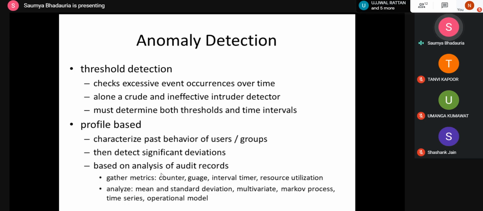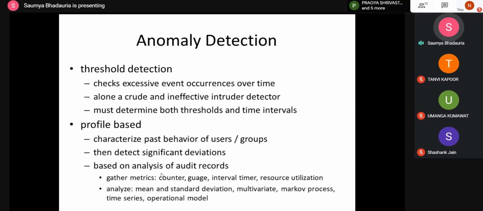The other thing is profile based. So profile based would be on the basis of users. Okay, so I already have the behavior of previous users and detect the deviation between the expected behavior and the current behavior on the basis of the log files which are there.